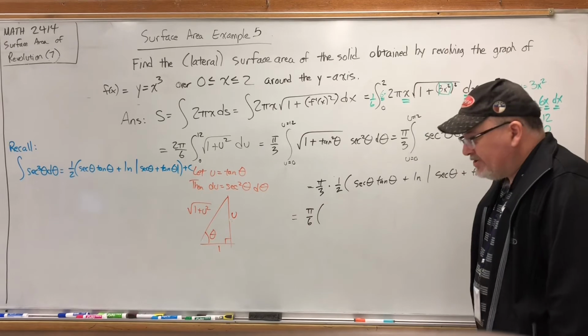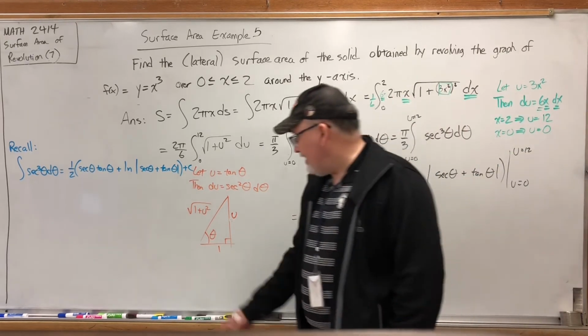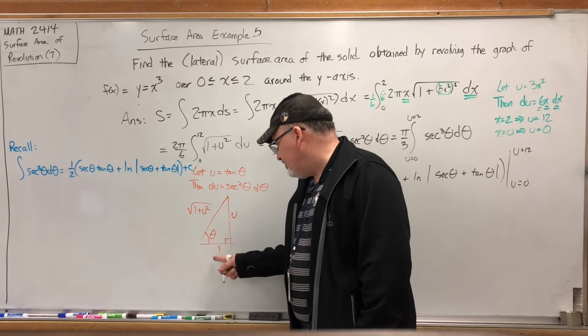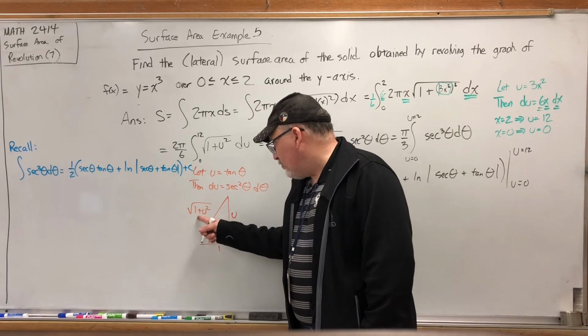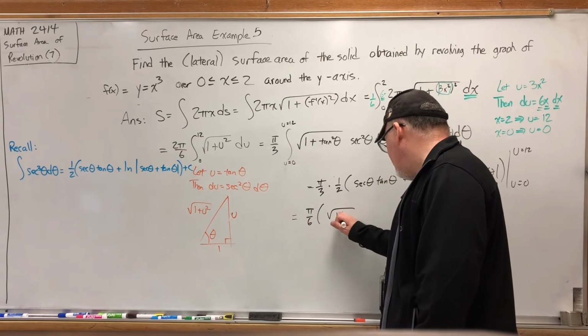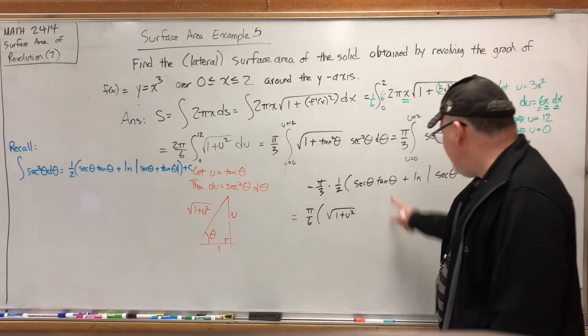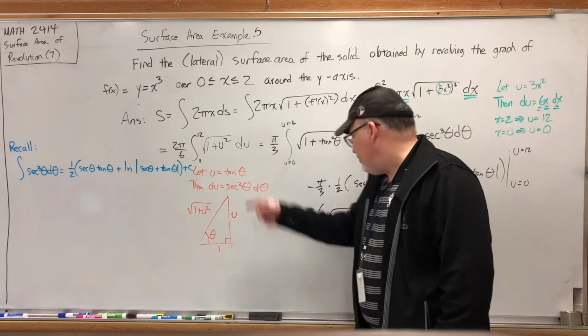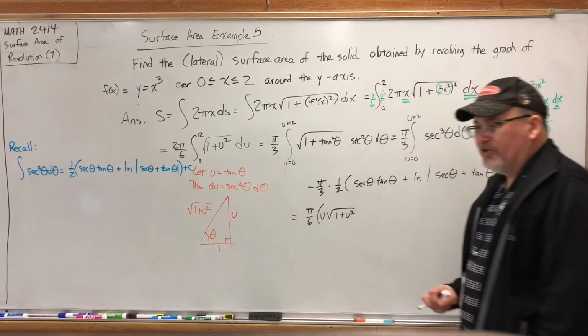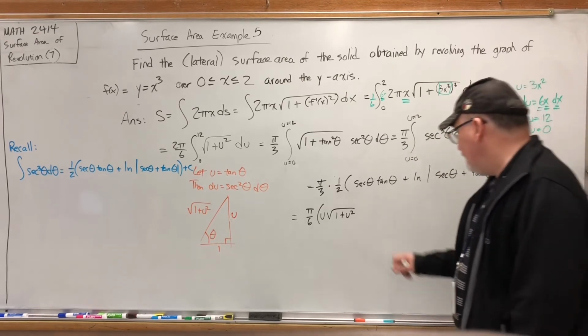All right, secant is a reciprocal of cosine. Cosine is adjacent over hypotenuse, so secant is hypotenuse over adjacent. The square root of 1 plus u squared over 1 is just the square root of 1 plus u squared. And tangent of theta, well, that was u. So let's put it in front of the square root, because putting things after square roots multiplicatively is a bad idea.